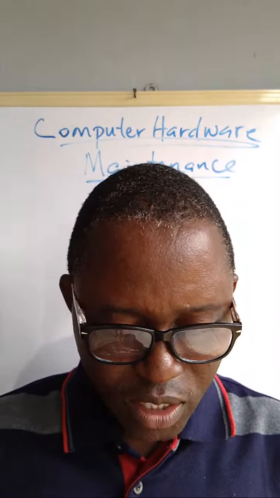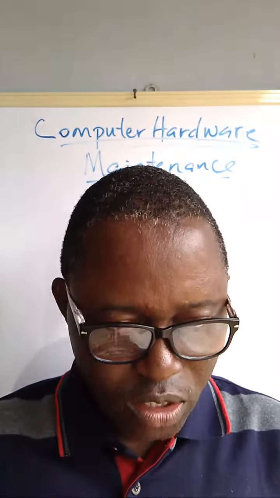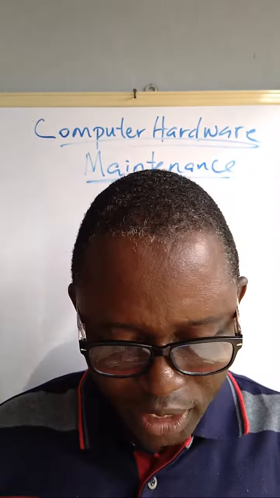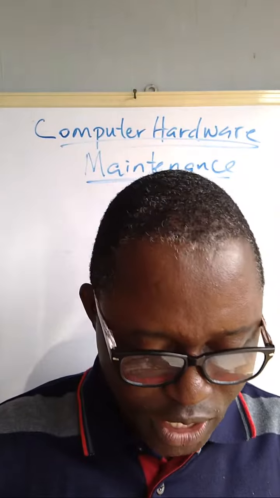Sometimes the hardware develops some problems, and then we need to troubleshoot and find what the fault is. It's one important aspect of computer work. You must be able to troubleshoot and find out what the problem is, and with that you will be able to clear the fault, whatever the fault is.